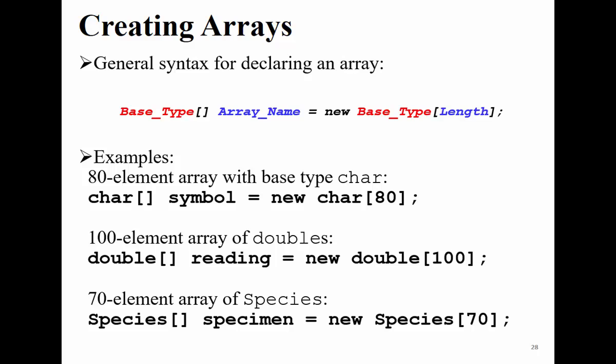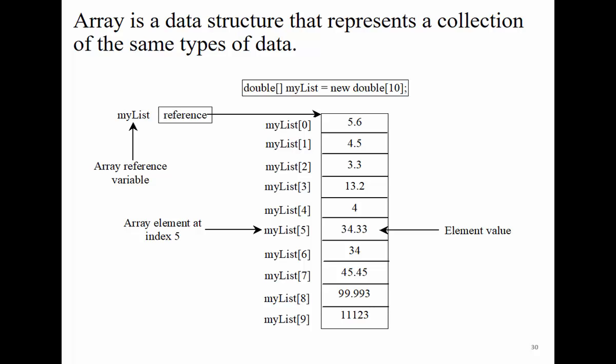In this course, we follow this style: base data type, then the brackets, array name, then a new, and also the base type. Now, if I define 10 elements of doubles, how do they look like? So we have my list, as you can see.